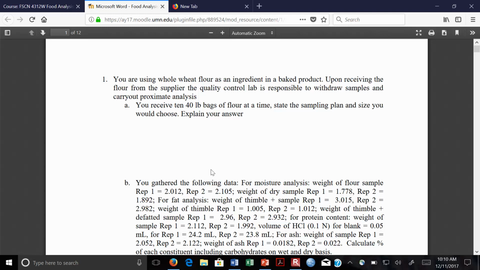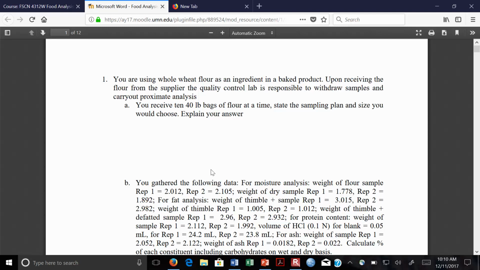Okay. Now, you solve it on your own as a practice. Do you have any questions about that? It's just basically using the data to generate the different concentrations. So you're given all the different weights, and then you just need to know what you're looking for.